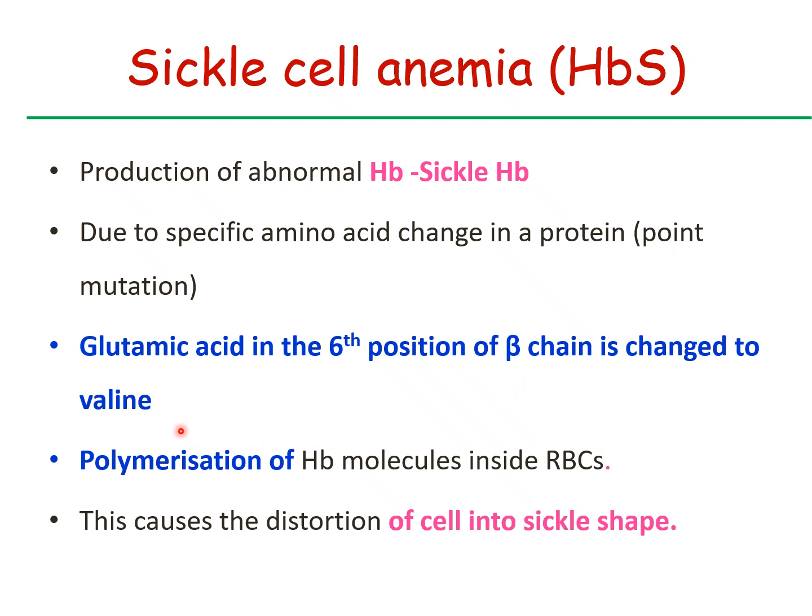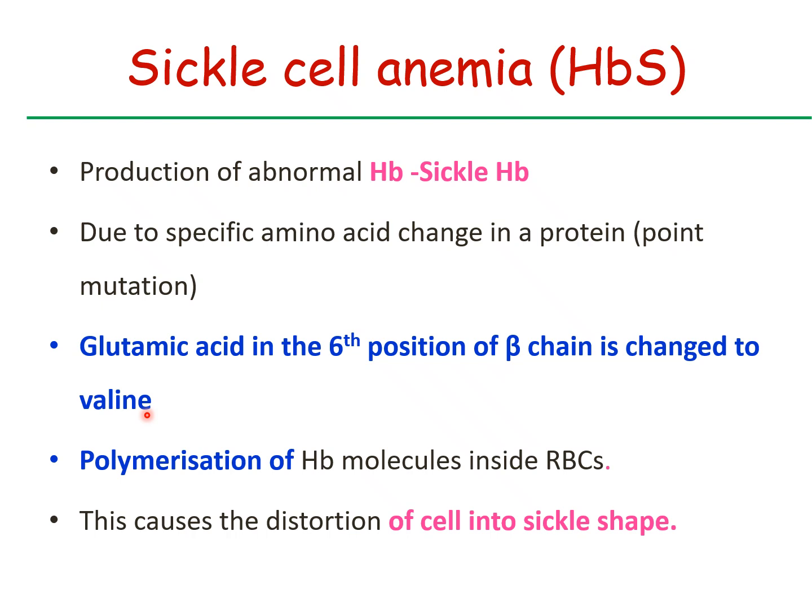Here, when one amino acid changes to another, a disease results. Remember, glutamic acid, G, is hydrophilic in nature, whereas valine is hydrophobic in nature. So a hydrophilic amino acid is replaced by a hydrophobic amino acid. Hydrophobic means water hating.